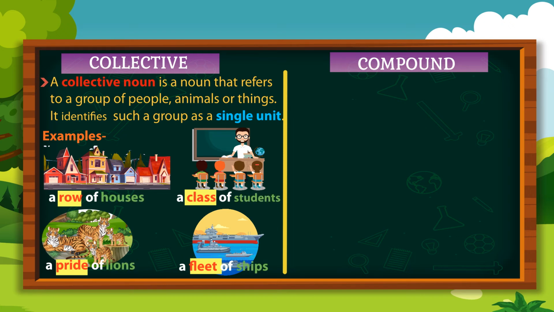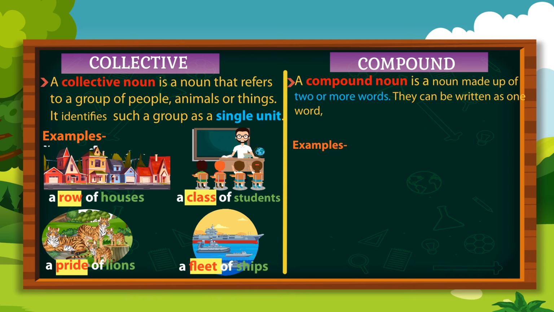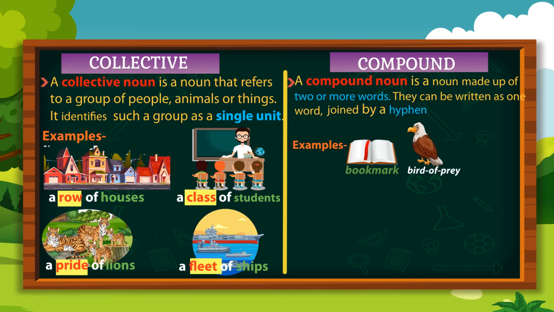A compound noun is a noun made up of two or more words. They can be written as one word. For example, book plus mark, bookmark. They can be joined by a hyphen like bird of prey, or they can be written as separate words like ice cream.